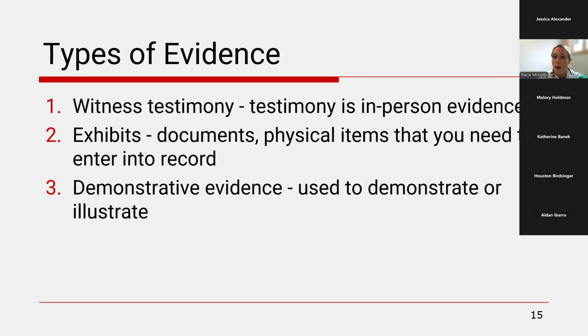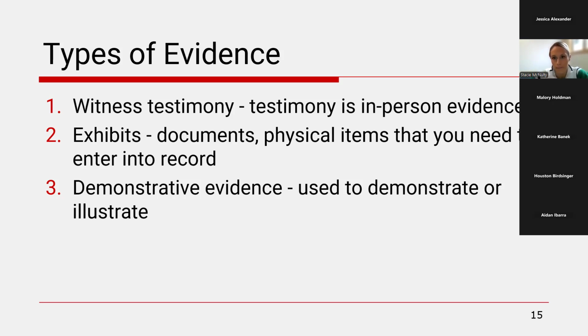A map is a good example of something demonstrative, because you're using it to demonstrate where things were at a certain time or what path you can take. It's used to show and help the jury understand something that might be difficult.